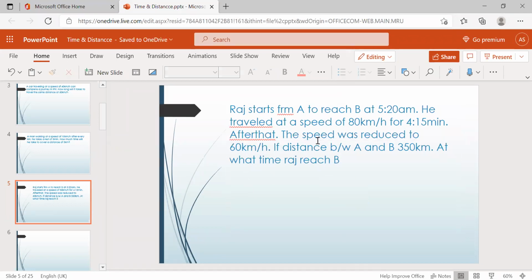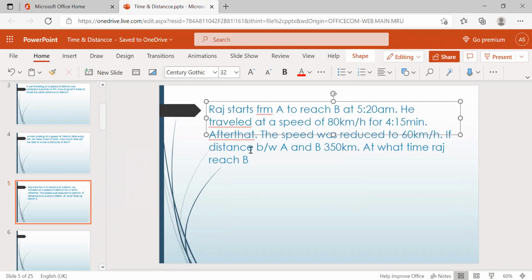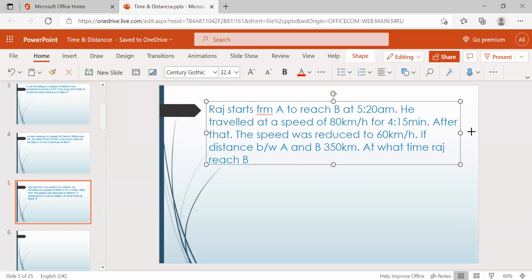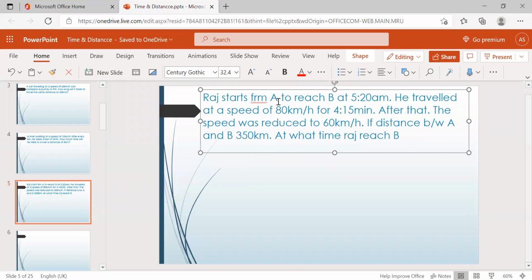Question is this one. See, Raj starts from A to reach B. At 5:20 a.m. he started, and he traveled at a speed of 80 km per hour.